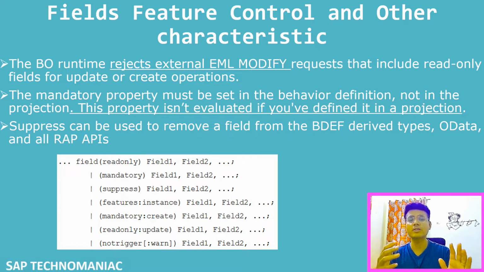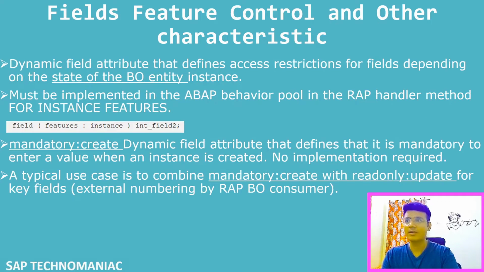But still that field is available in my entity, and I don't want to display it at all during programming as well. In the derived type also, we will see the field list along with the other fields, and there also I don't want to display that particular field. Then we will use this suppress feature control to suppress that field. That is also useful in some scenarios.